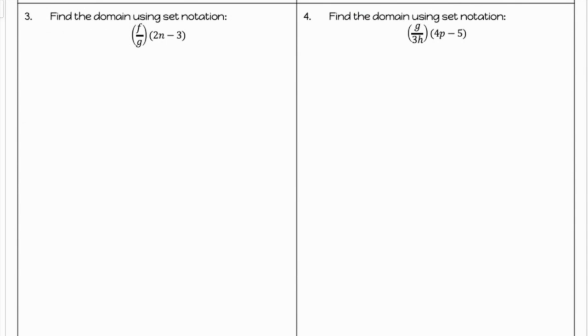All right, last two types of problems. We have find the domain using set notation, and we have been given f divided by g, where my input is 2n minus 3.